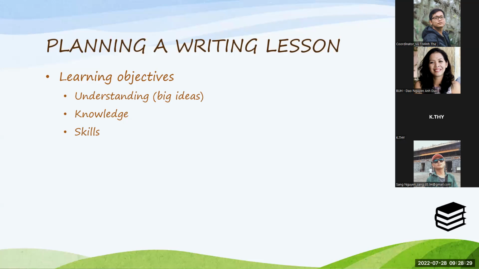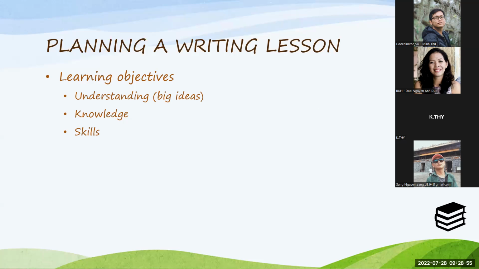So talking about the skills again. We are teaching a writing lesson, right? So what we need to use: students will be able to write to describe a person. But besides that, students will be able to use the present perfect and the simple past.